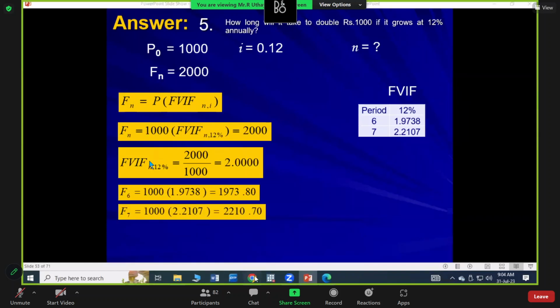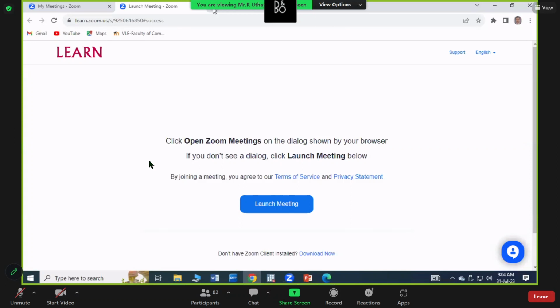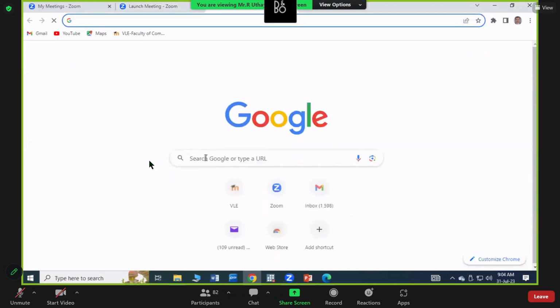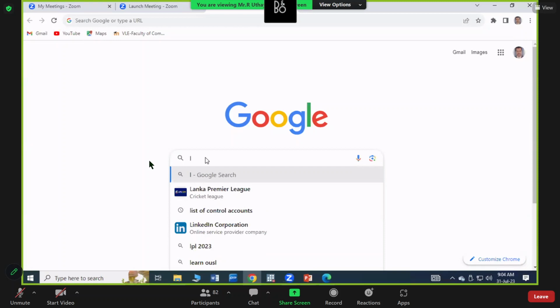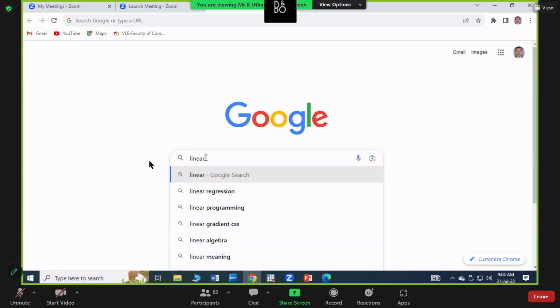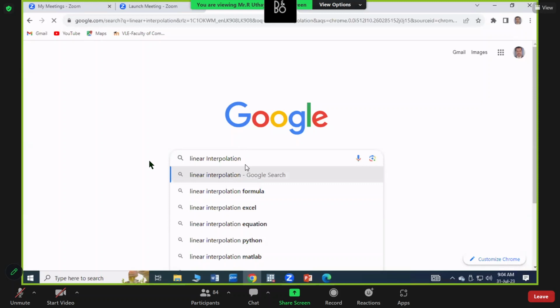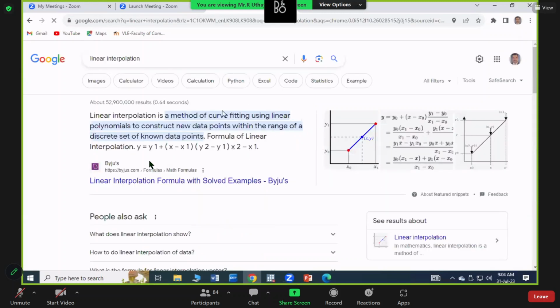So what do we mean by the linear interpolation method? Linear interpolation is a method of curve fitting using a linear polynomial to construct new data points within the range of a discrete set of known data points.